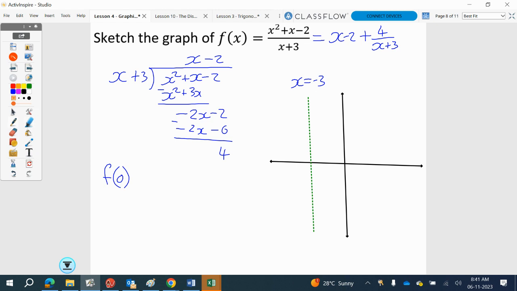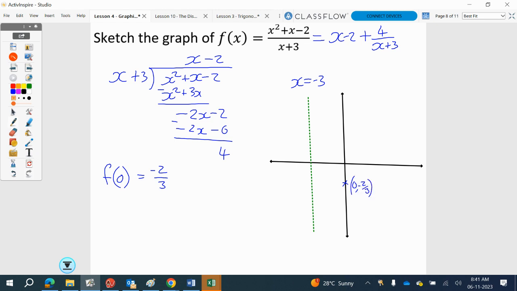Negative 2 over 3. All of these cancel when you put in 0. Just the two constants at the end. Negative 2 over 3. So it's going to go through here, 0 comma minus 2 over 3.